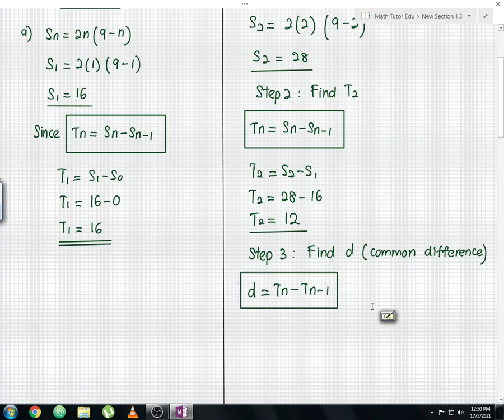From here we can find the common difference by using the second term minus the first term. The first term we have already found in question part A, which is 16. So the common difference equals 12 minus 16. You should get your common difference d equals negative 4. Guys, this is your final answer. Let me underline the solution for question part B.